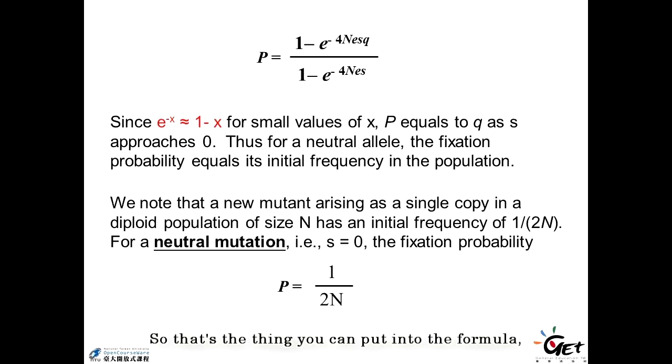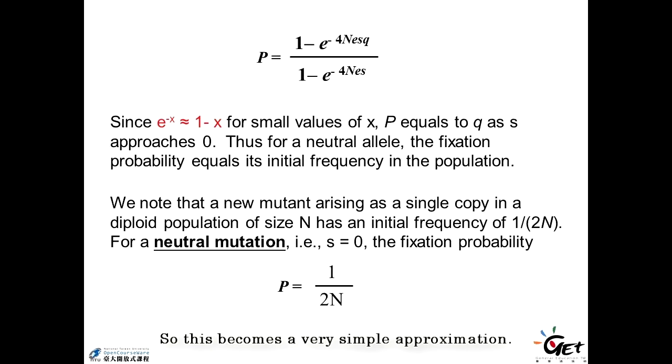That's the thing you can put into the formula, and you can make a very simple approximation to look at the probability. So the fixation probability will be equal to the initial frequency of the allele, and that's 1 over 2n.